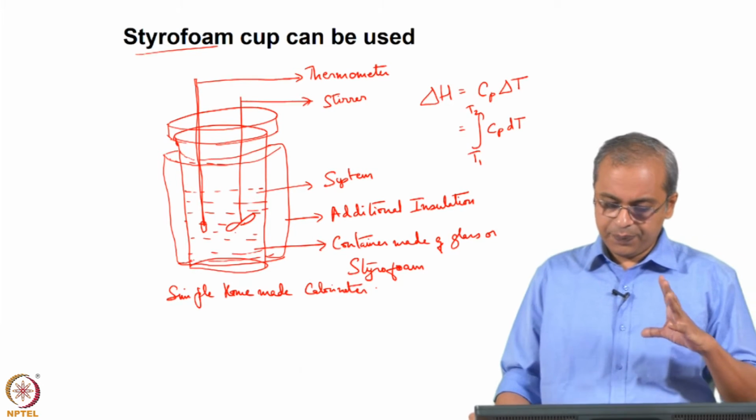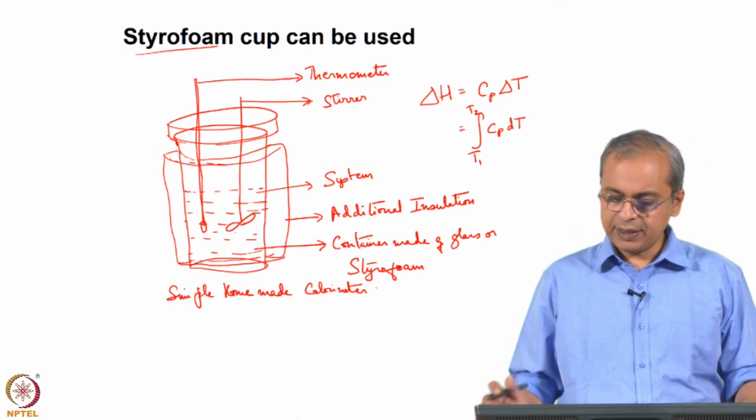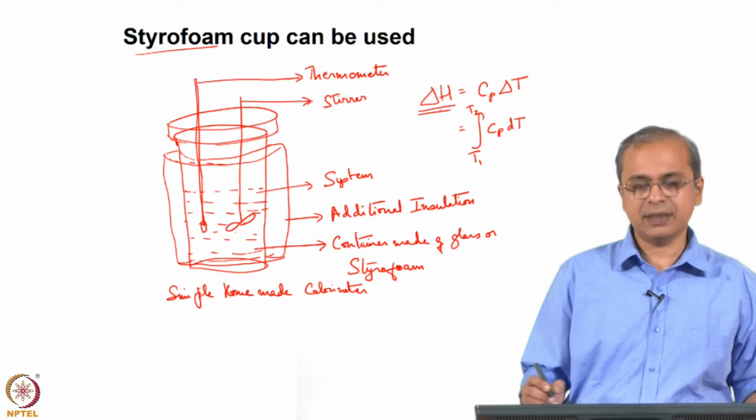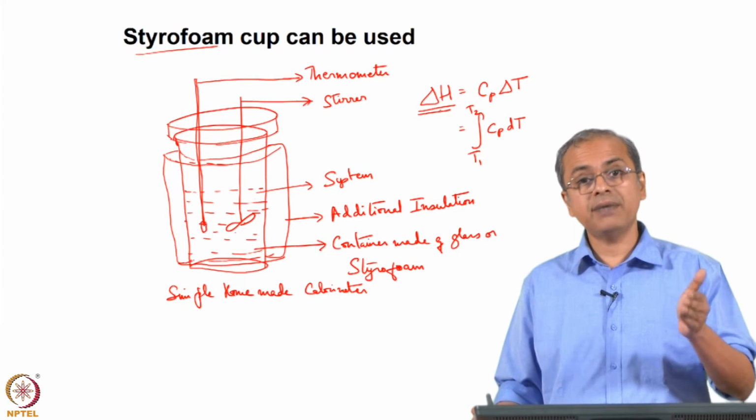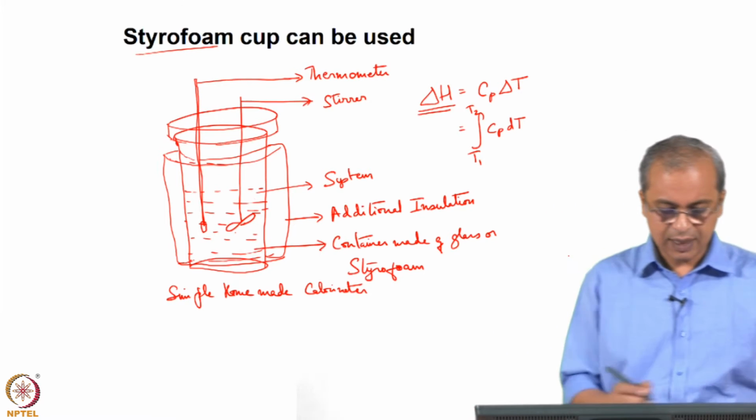The whole idea of calorimetry is based on the fact that the delta H that we measure behaves as something called a state function. So, delta H is a state function.